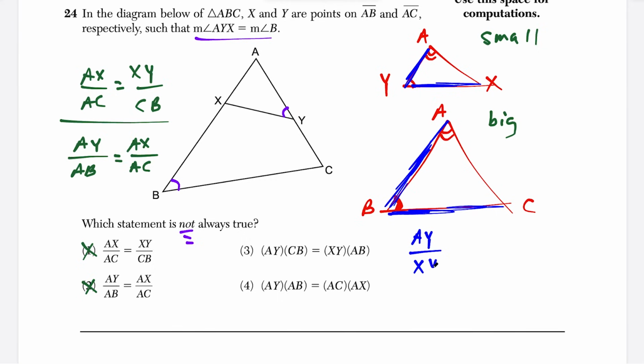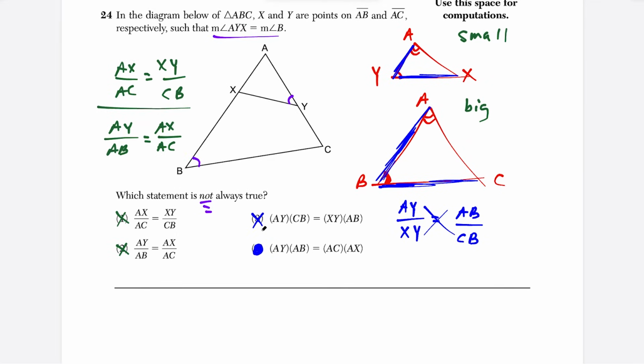So I have AY over XY should be equal to the left side to the bottom side, AB over CB. And notice if we cross multiply, we're going to get AY times CB first if we multiply this way, and then we'll get this is equal to XY times AB. So this equation here is definitely always true. So we could eliminate choice 3, and choice 4 is definitely our answer.